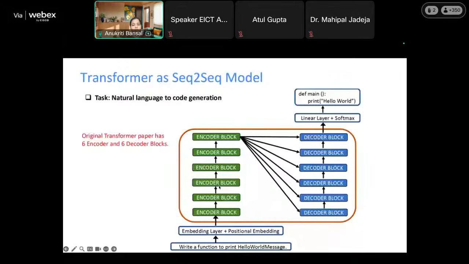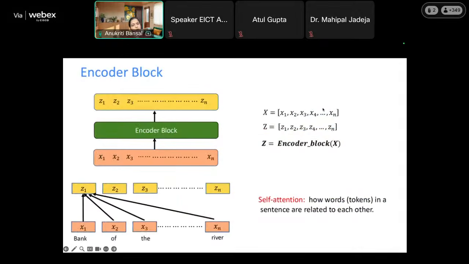Again, it will generate some output which will behave as input to the following block, and so on. At the end, we will have a vector representation for each of my input tokens. And these vector representations will be passed to all the decoder blocks, which will later on generate the output. Let's see how it works step by step. We have already checked how the encoder block works.